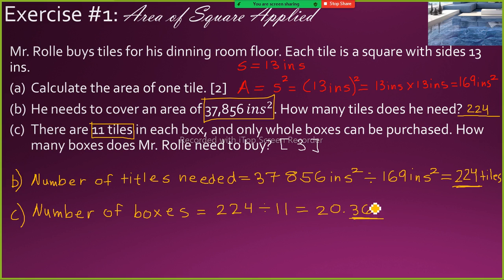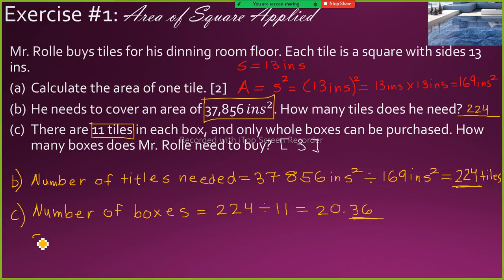If it's 20.36, that means he needs 20 boxes plus a little bit more. So he can't get 20.36 boxes. He either gets 20 or 21. If he gets 20, it'll be too little. So he needs to get 21.